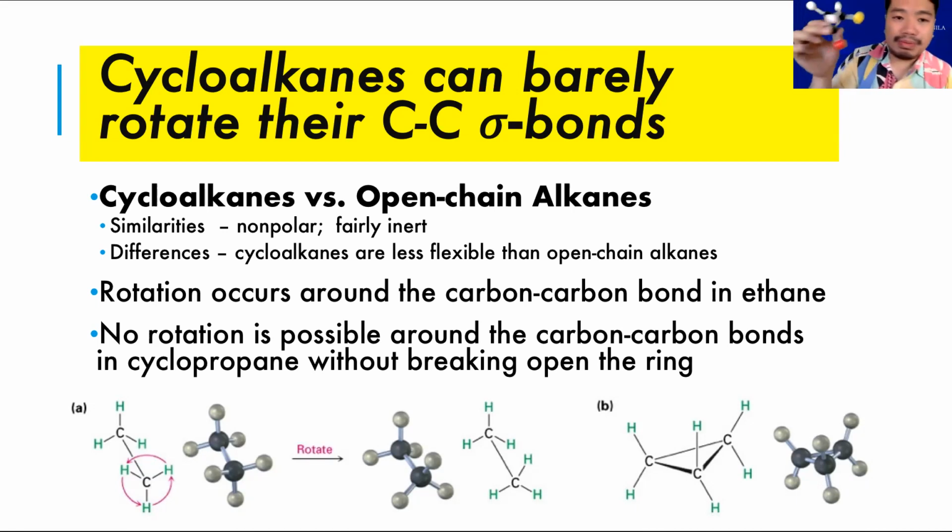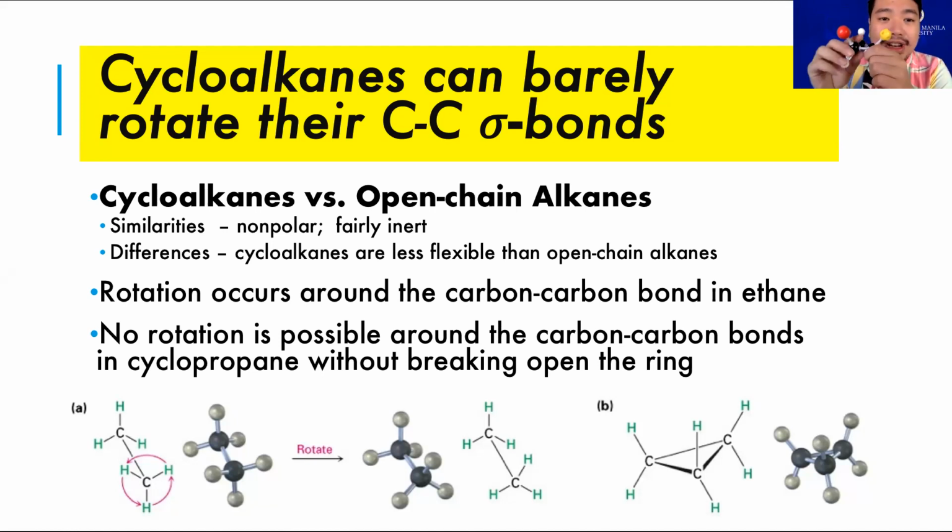Here's the thing though, with cyclic systems, because the carbons are arranged in a ring, it locks them in place. We might be able to jiggle them a little bit depending on how big the ring is, but ultimately we limit the free rotation of each of these sigma bonds. In fact, for cyclopropane, which is this 3-membered ring, the carbons can't rotate at all.